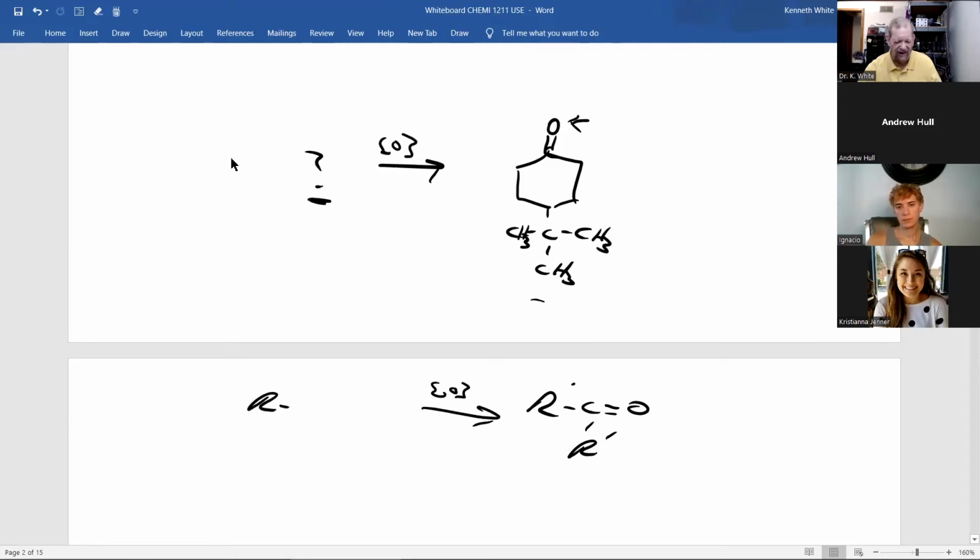You oxidize a secondary alcohol. Now, what was attached to this carbon double bond to oxygen is still attached, which is this carbon right here. Do you break carbon-carbon single bonds? And I'm not adding any carbons here. So if I end up with a ring with a T-butyl group, I better begin with a ring with a T-butyl group. And I do.